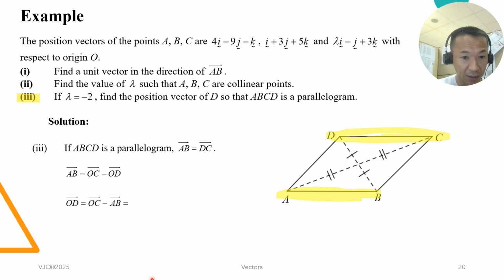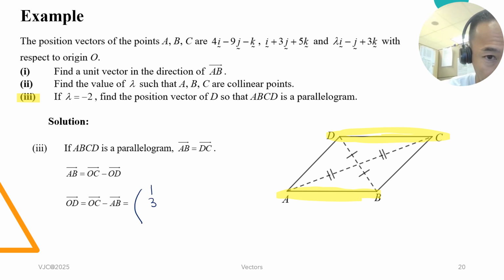Now what is OC? OC is something that you know, because OC is just lambda is minus 2, minus 1, and 3.